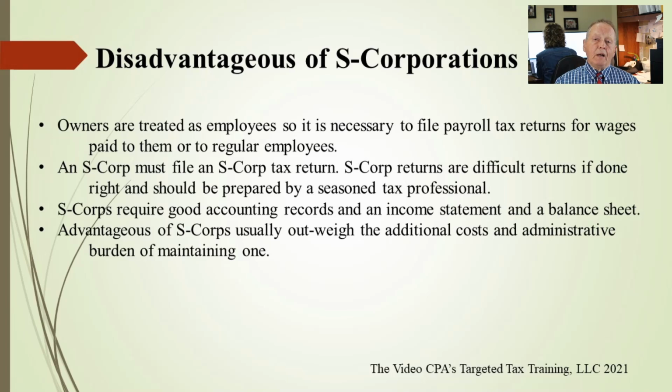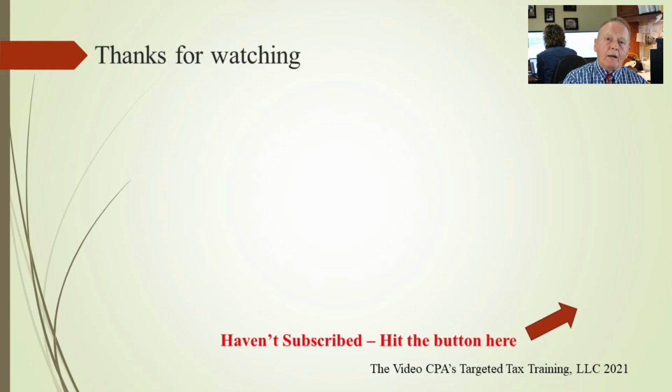So if you've got a pretty good business and you're operating as a proprietorship or something like that, I would look at switching to S-Corp status. And we're telling you right now how you do that. So that's what we're looking at for electing S-Corp status, and it's very important to look at. If you've got a small business, I would look into it. I think it's a good way to do business.